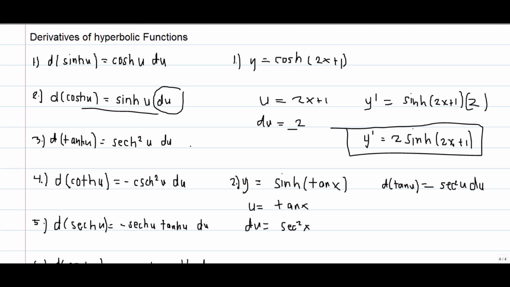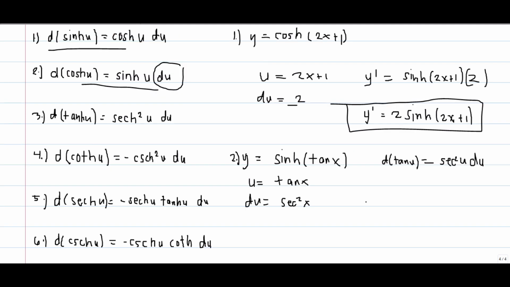Then to find the first derivative, we use this formula: the derivative of sinh u is equal to cosh u du. Therefore y prime is equal to cosh u, where u is tan x, that is cosh of tan x, times du here, which is secant squared x.